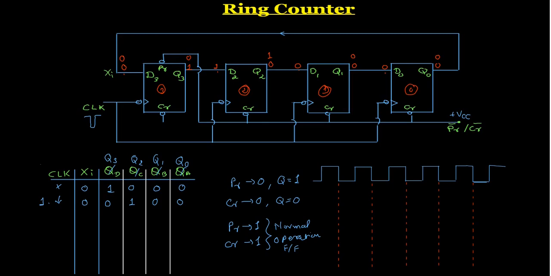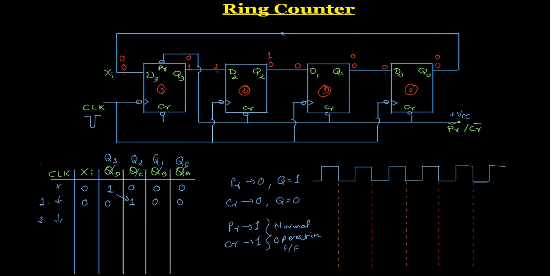Now you can see after applying the first negative edge of the clock pulse, this one is transferred from Q3 to Q2. Now we applied a second negative edge clock pulse.